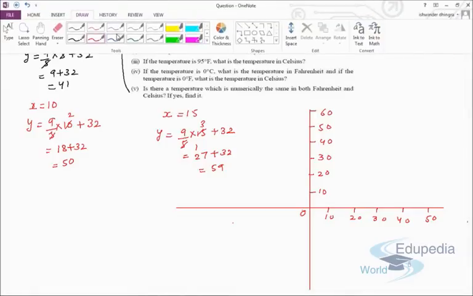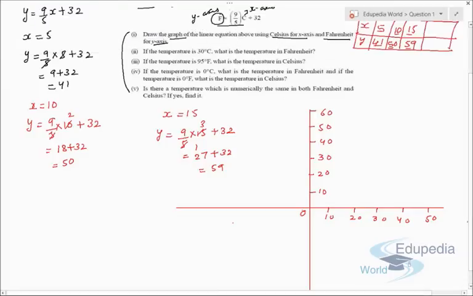Now let us draw the first value, x as 5, so it will be in between 0 and 10, so we can assume it will be somewhere here, and y as 41, so we can assume this is the value of 41. So we draw a line like this, and from x-axis we draw a line like this, so we have a first point over here. Now the second point is x as 10 and y as 50.